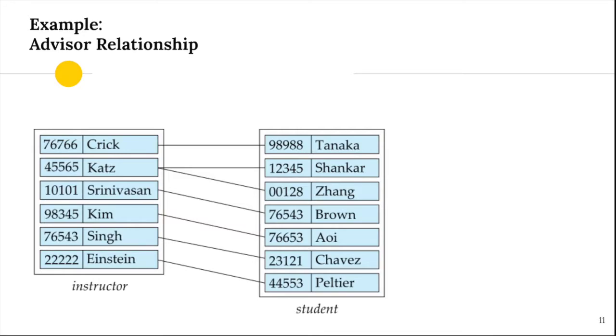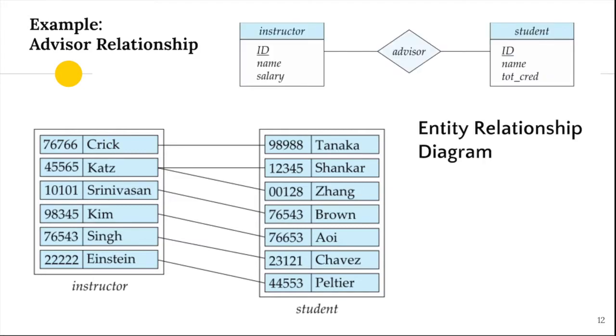Katz is the advisor of two students, Shankar and Zhang, and so on. Since we can't enumerate all the possible advisor relationships, to simplify the representation, we just create an entity relationship diagram signifying that there is a relationship called advisor relating the instructor and the student.